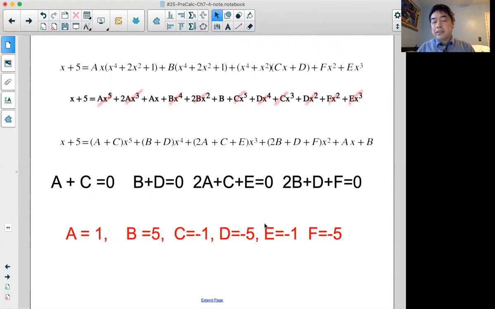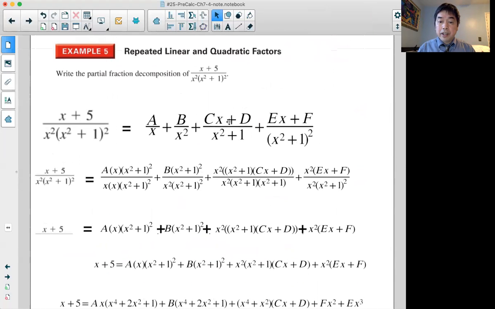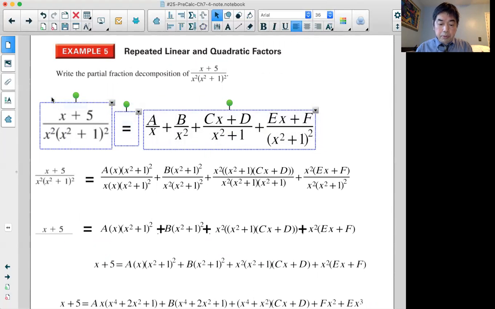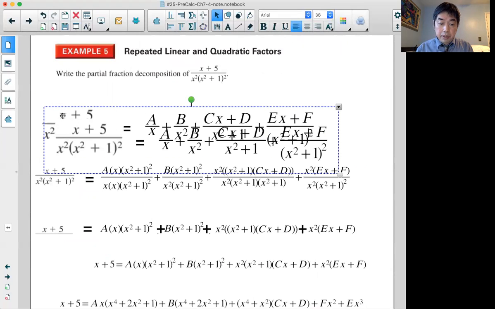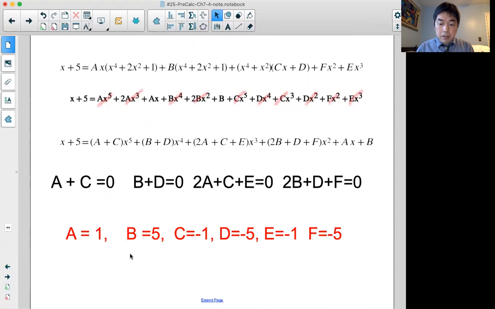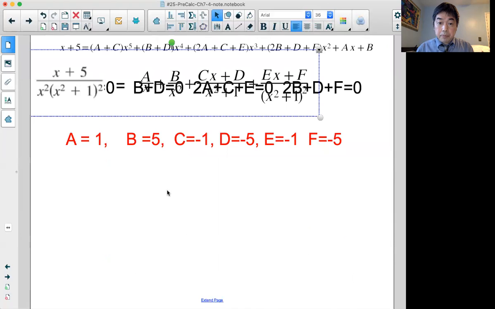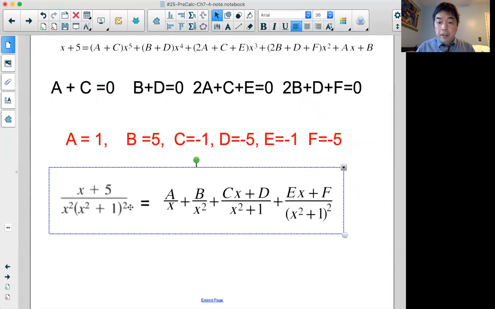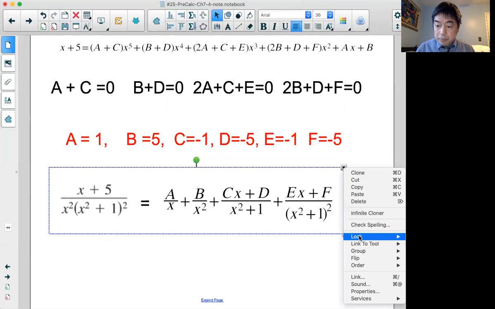But we plug in this one to right here. So group, copy to here. Okay, and ungroup this, then I start plugging in.